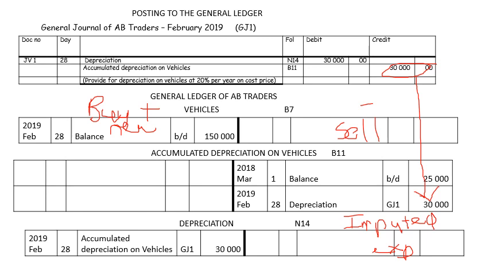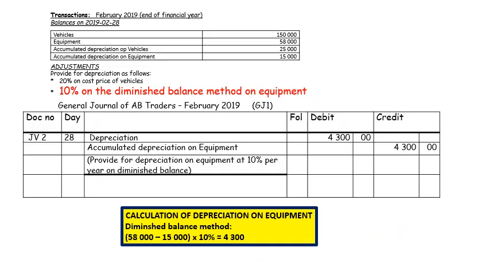They told us that depreciation must be debited. There in the debit column, depreciation debit. The other account concerned was accumulated depreciation. You saw this in general journal 1. Folio column was posted to account N14, was posted to account B11.